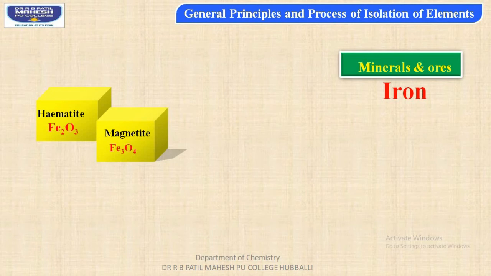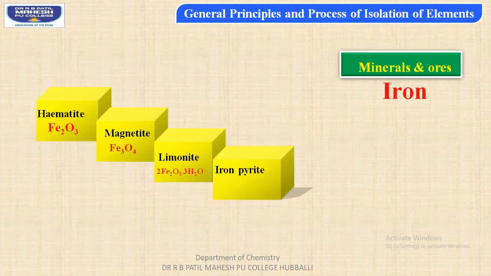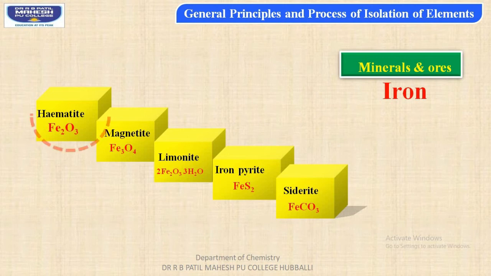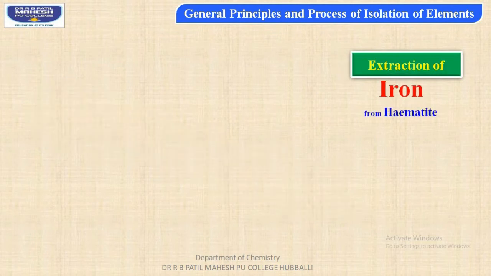Third is limonite, ferric oxide trihydrate, and fourth is iron pyrite, ferrous sulfide, and the last one is siderite, which is ferrous carbonate. Among all these minerals of iron, hematite is considered an ore of iron. So let us consider extraction of iron from hematite ore.